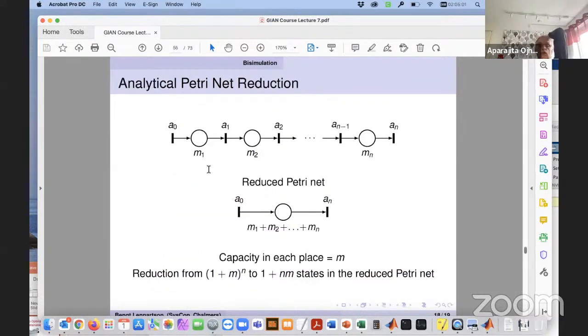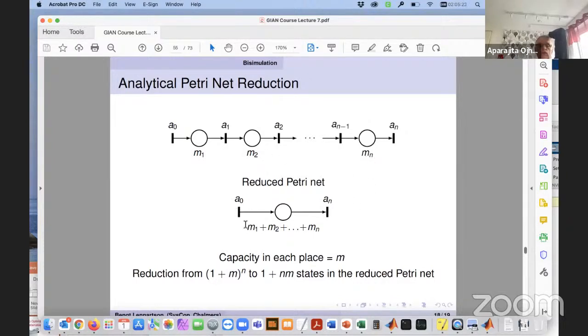It's possible to reduce this to actually only one place with the sum of the restrictions. This place is restricted, bounded to only include a capacity of M1, capacity M2, capacity Mn.